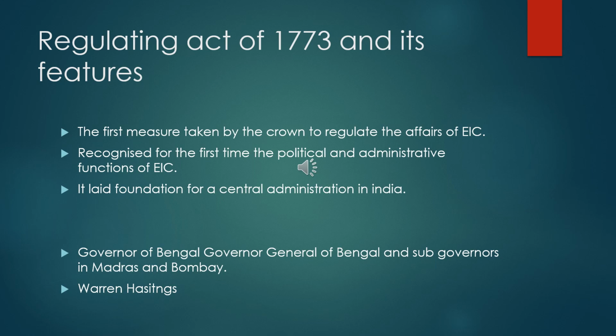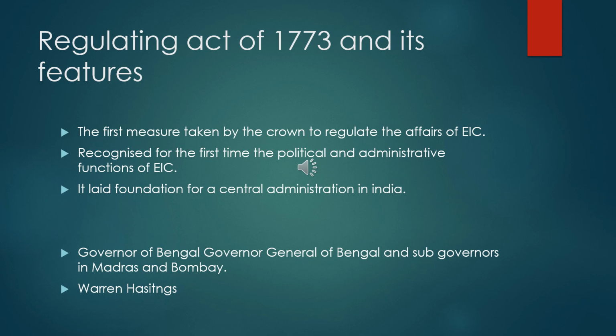Through the enactment of the Regulating Act of 1773, the Governor of Bengal was designated as the Governor General of Bengal, and the governors of Bombay and Madras were made subordinate to the Governor General of Bengal. Warren Hastings was the first Governor General of Bengal.